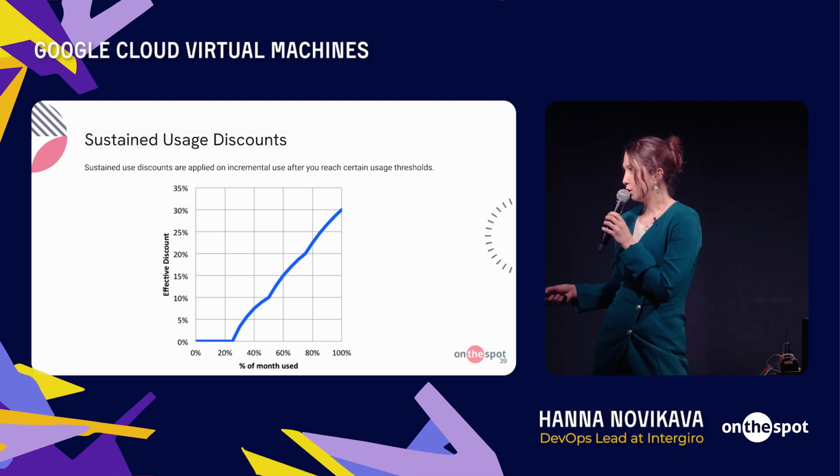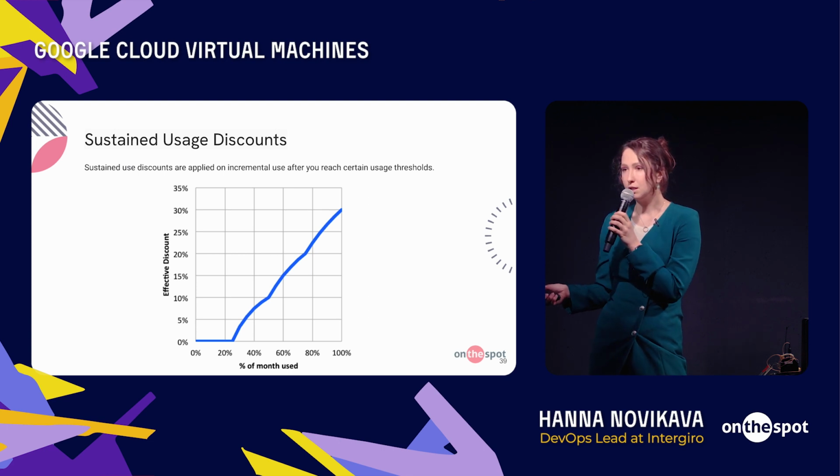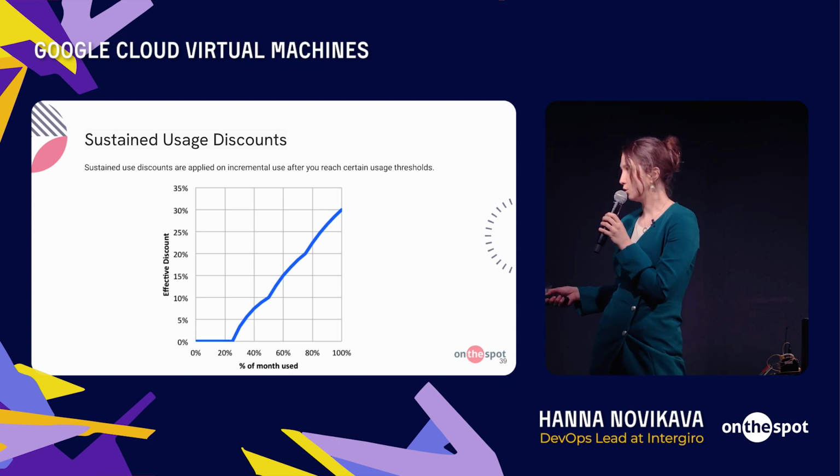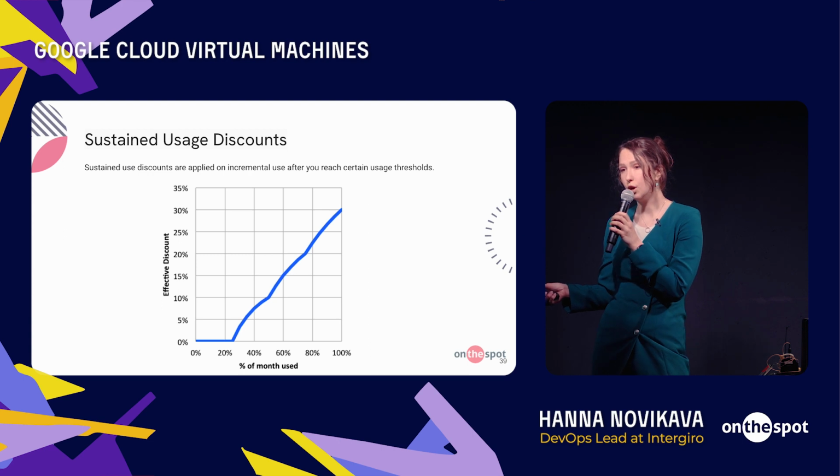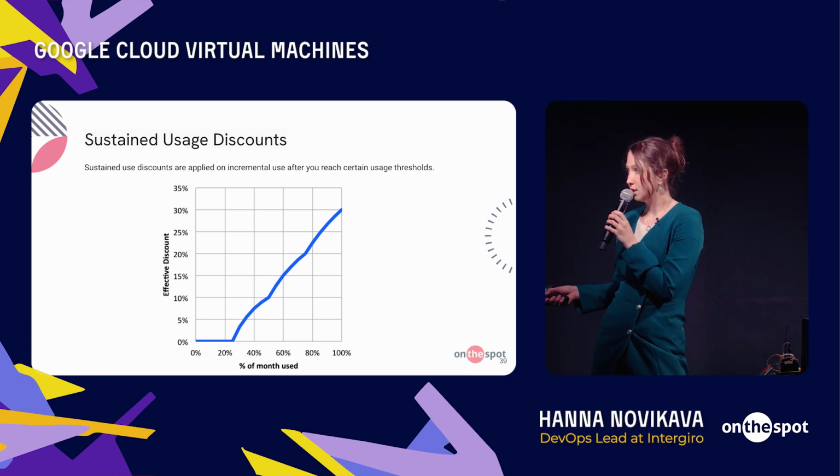Okay, it's again not applicable for all virtual machines, but this feature is added for general purpose virtual machines, and it means the more you use this virtual machine, the more discounts you get. And the main idea is that you don't need to enable this feature. It's always included in the biggest part of virtual machine types.